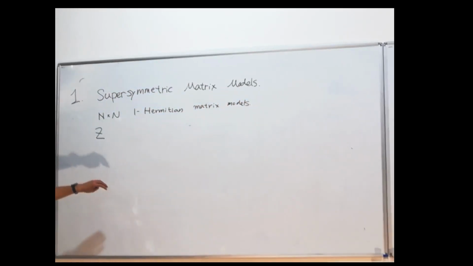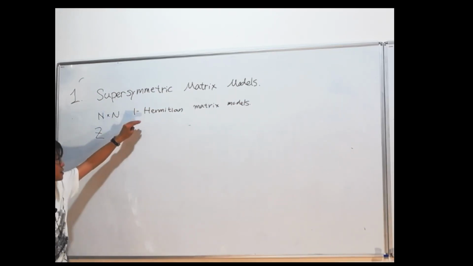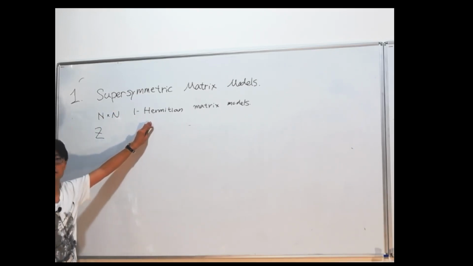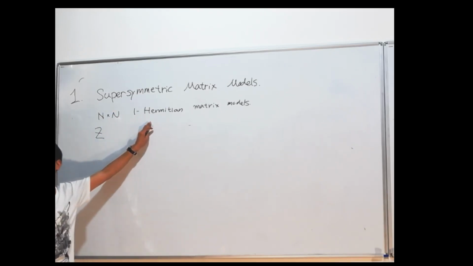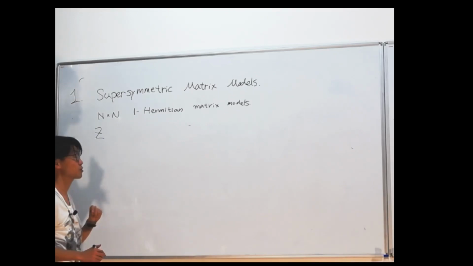Today, we will only focus on this model and its supersymmetric generalization. The reason is that topological recursion was first discovered and observed by solving this model. So it's quite a reasonable approach to start with this one, think about the supersymmetric generalization, and try to find the recursion associated to such a model. So this is the N by N one Hermitian matrix model.